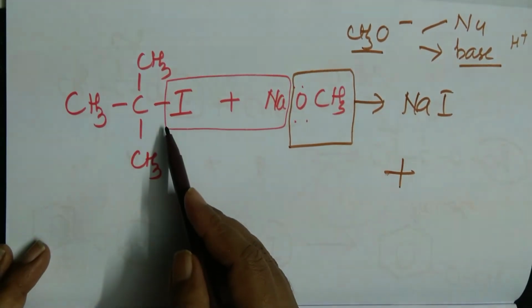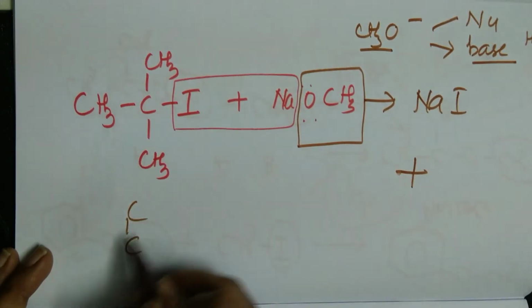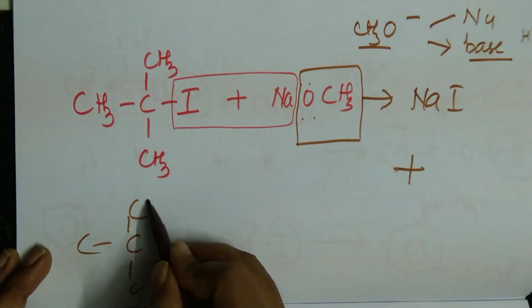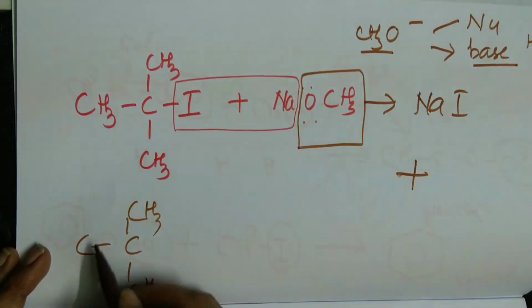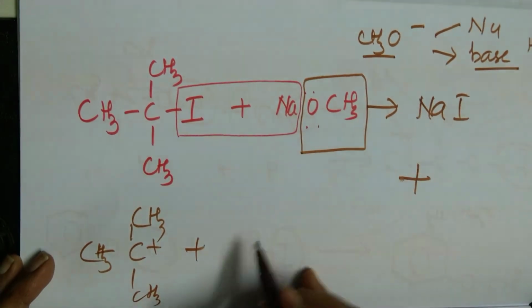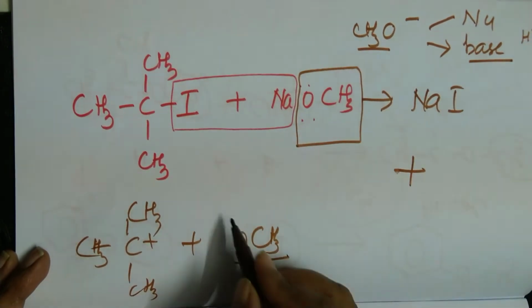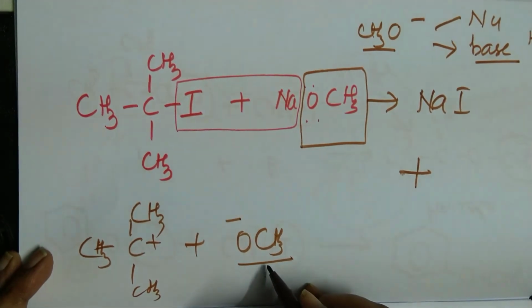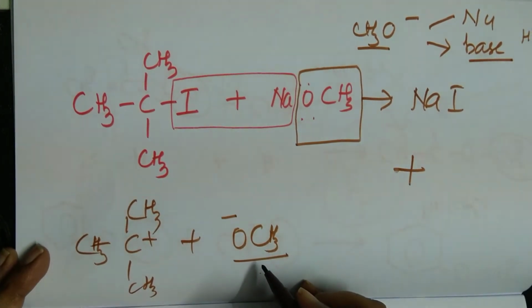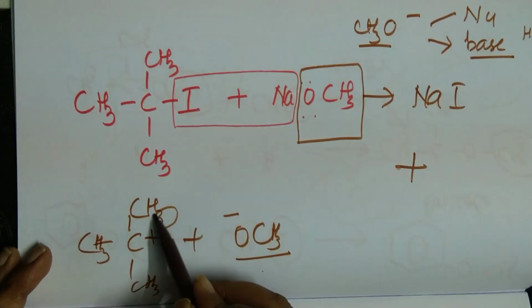Now once I is removed from here, there is formation of a tertiary carbocation. So CH3 is here, and there is formation of a tertiary carbocation, and your CH3O behaves as a base rather than behaving as a nucleophile. So what does a base do? It takes away a proton, so it takes H from here.